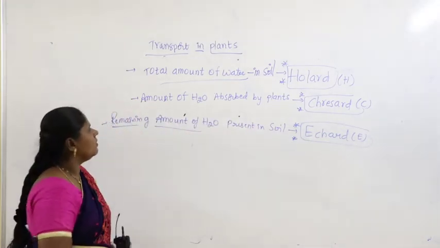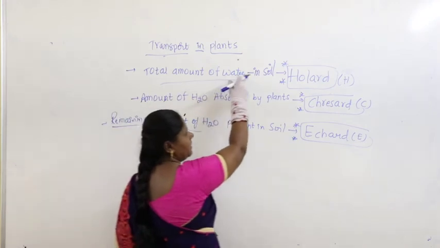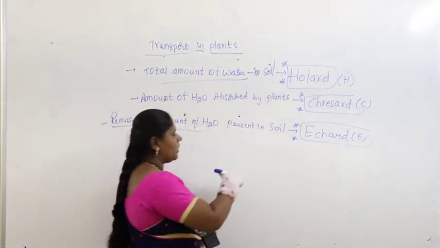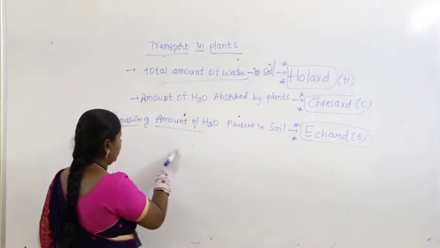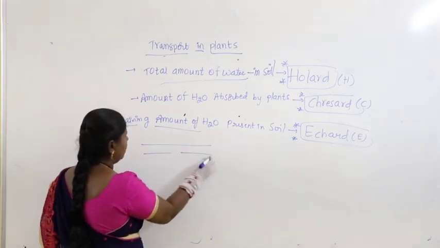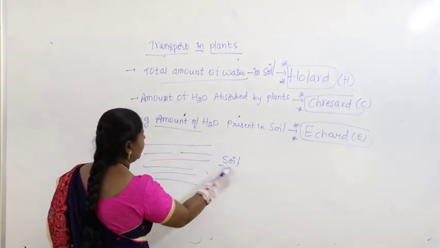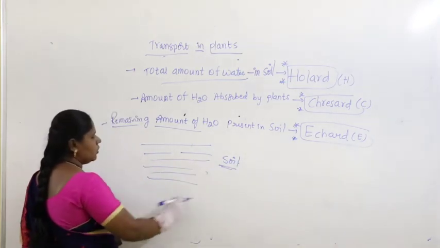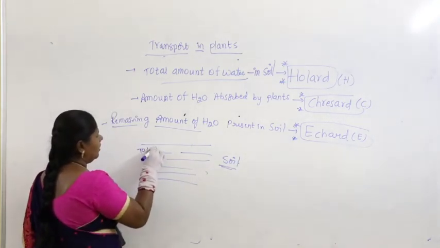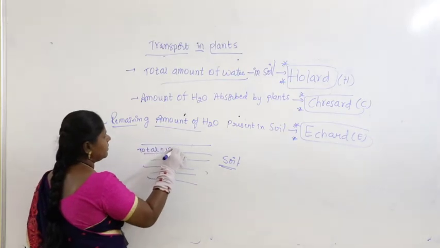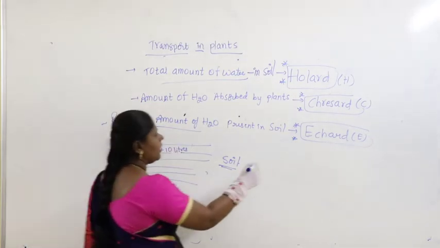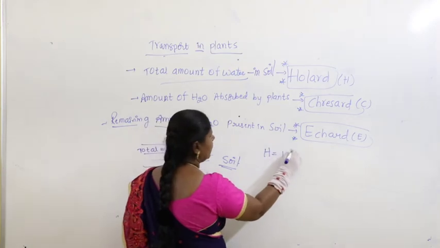What do we say here? The total amount of water present in the soil is called holard. For example, if the soil has a total amount of water of 10 liters, you can write holard is equal to 10 liters.